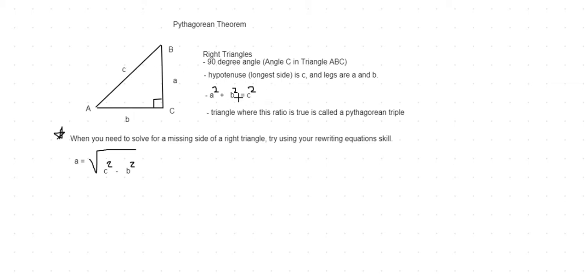Because if we looked at this, I could subtract b squared to the other side, and I get c squared minus b squared, and then take the square root of a squared to get a.